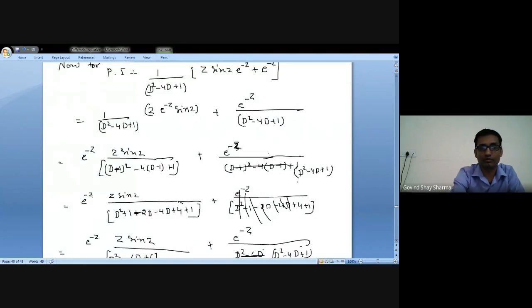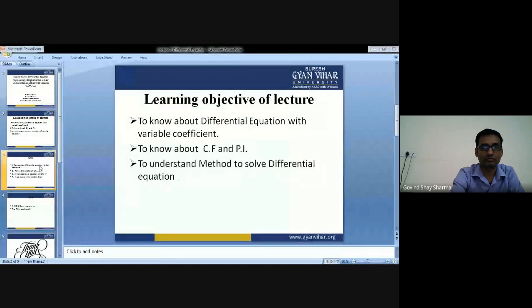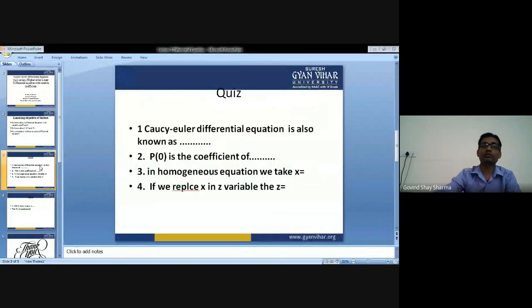Now we come to the quiz on the basis of the Cauchy-Euler equation or homogeneous equation. The Euler-Cauchy differential equation is also known as the homogeneous equation.